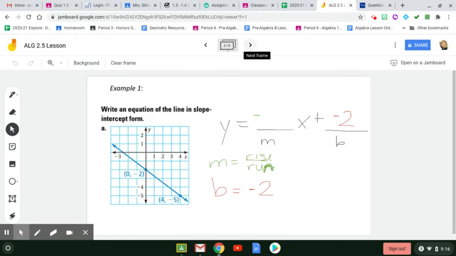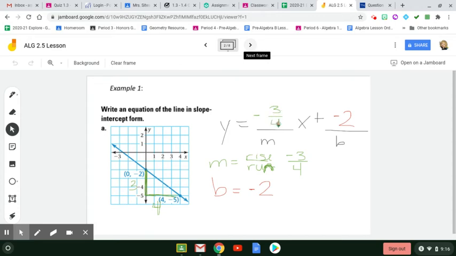I'm going to count 1, 2, 3 units. So that's 3 units down for the rise. And then 1, 2, 3, 4 units over to the right. That's a positive thing. Okay, so it looks like my slope is going to be -3/4.